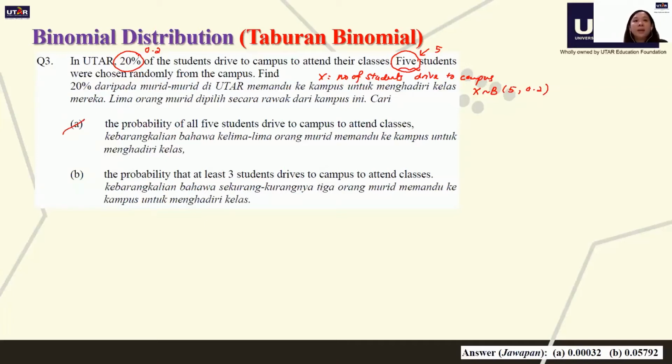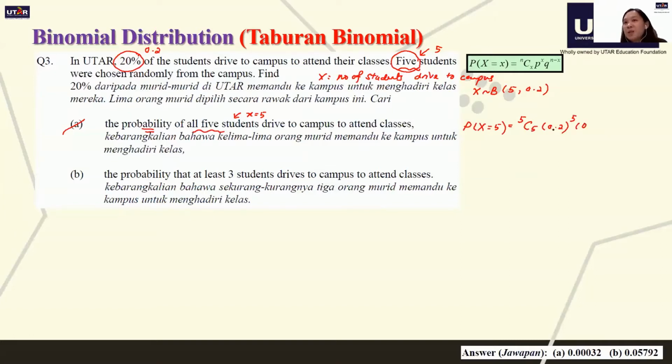Part A, probability for all 5 students. All 5 here means x is 5, the small x as 5. So again, I use the formula for the probability in binomial. The question asks for 5 here, so I have 5C5, probability of success 0.2, to the power of x.